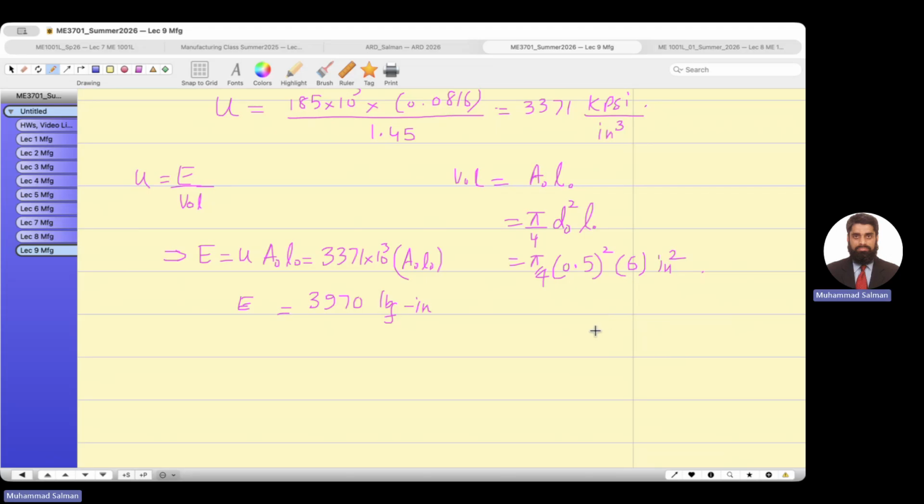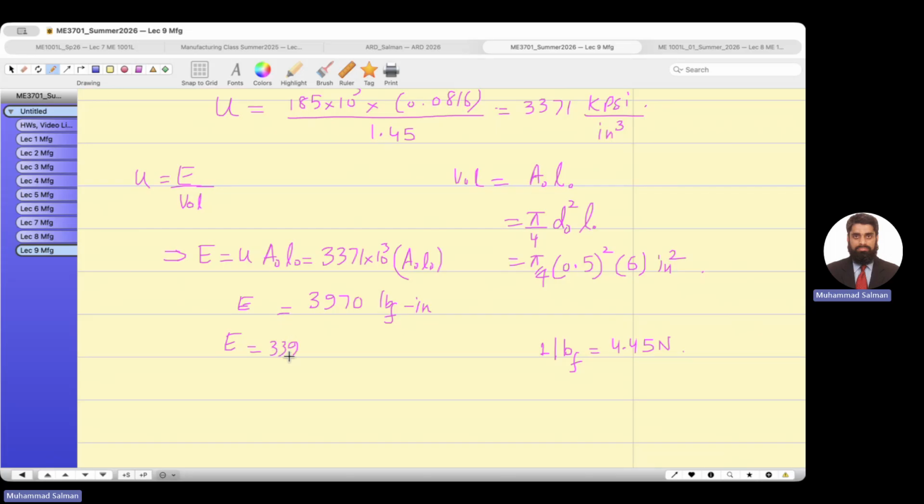And how do you go from pound inch to Newton meter? So 1 pound force equals 4.45 newtons. Agreed. And we want to go from here to Newton meter for our convenience later down the road.